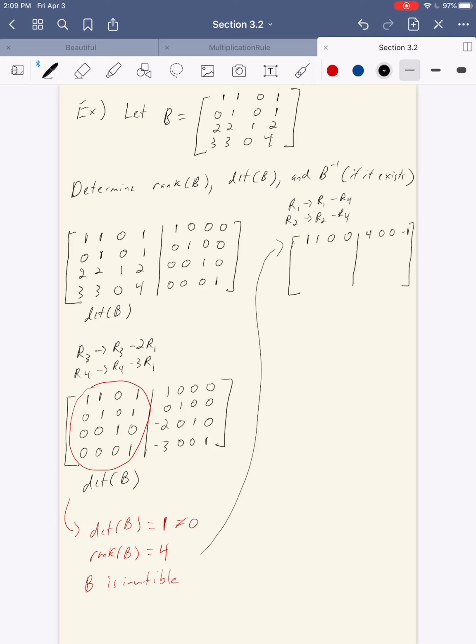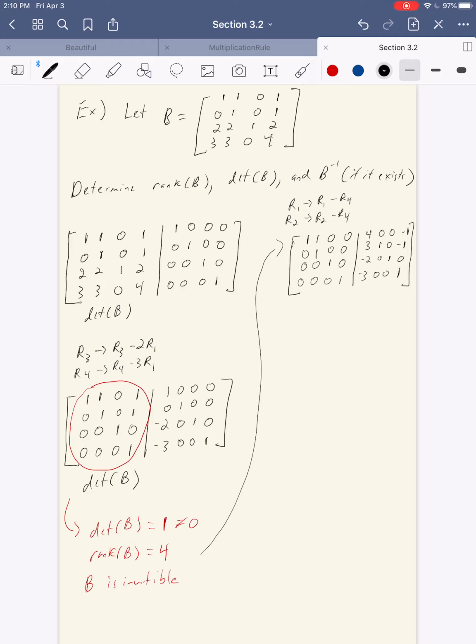Then we get 1, 0, 0, 0, and when we subtract there, we should get 3, 1, 0, minus 1. Then we've got 0, 0, 1, 0, and then minus 2, 0, 1, 0. Nothing changes down here either: 0, 0, 0, 1, minus 3, 0, 0, 1.